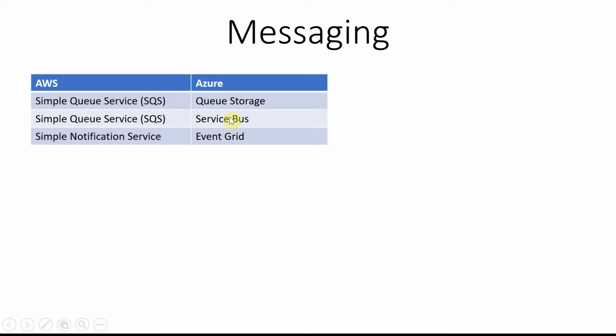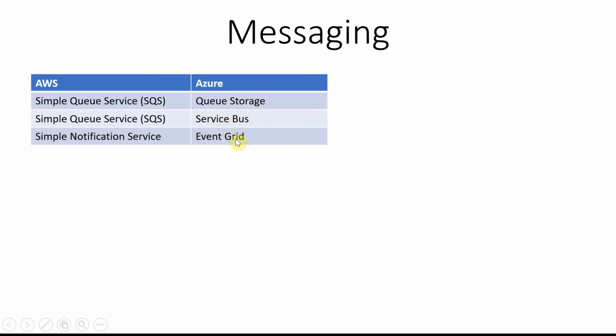But if you don't want connectors and all, you just want a plain simple queuing service, then Queue Storage is the solution. Otherwise both more or less do the same, just with more bells and whistles added to Service Bus. These are all for queuing purposes.